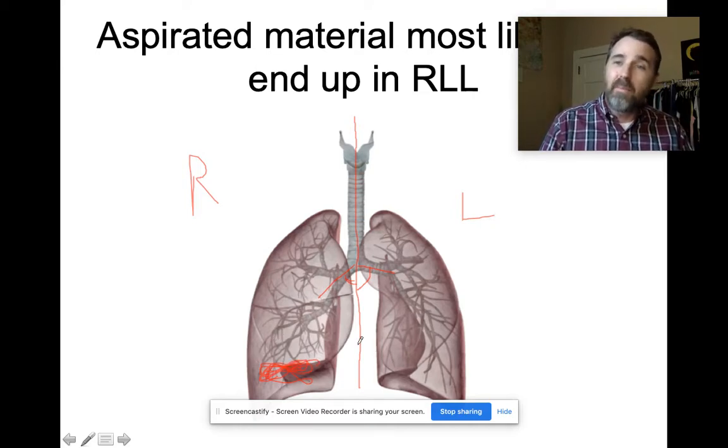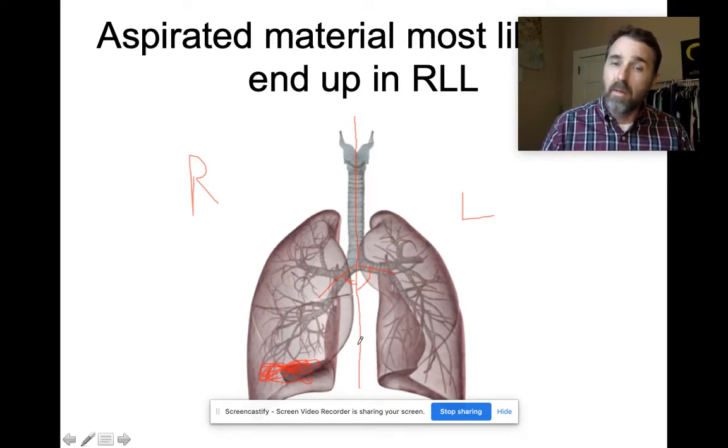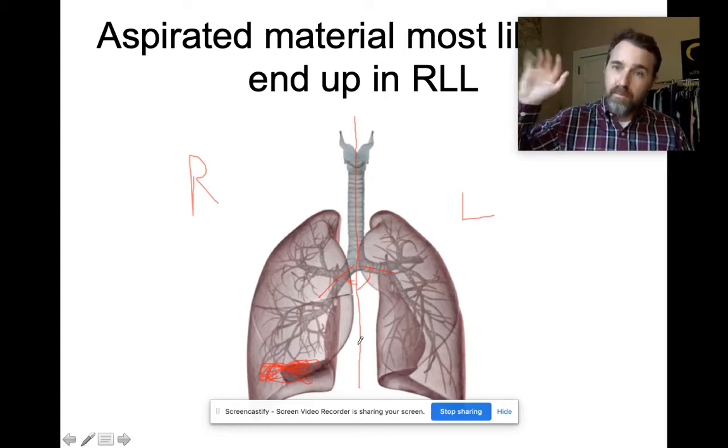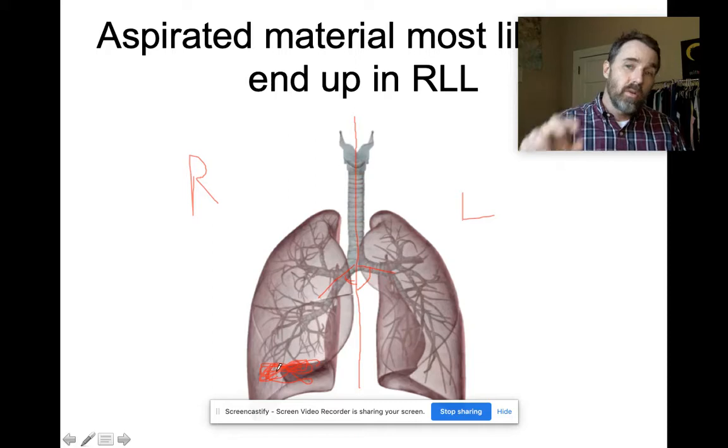So anytime as an SLP, if you're working in a hospital, you open someone's file, you see the words right lower lung pneumonia or right lung lower lobe pneumonia, that's going to send a red flashing warning light going off in your head, because that is the pneumonia that most often presents with someone who is aspirating food into their lungs, someone that has a swallowing disorder, someone that you need to be treating.